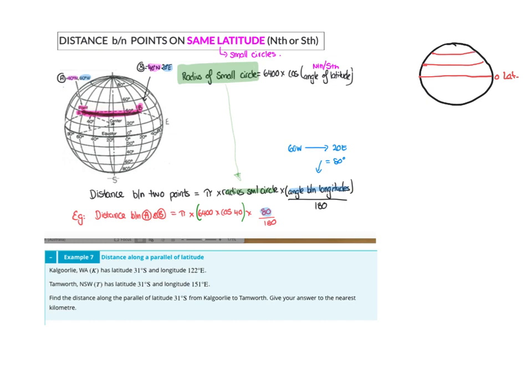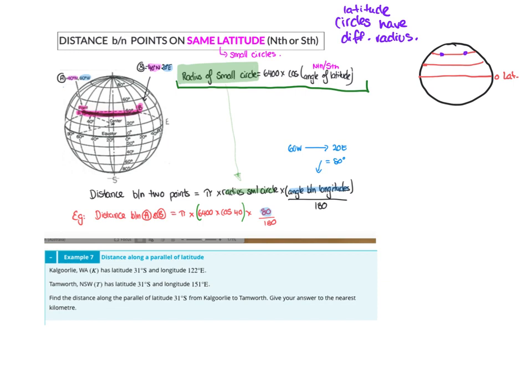So when we're finding distances between them, the latitude circles have different radiuses. So we can't use the 6,400. What we have to do is, generally, first find the radius of the small circle, and we have a formula for that.